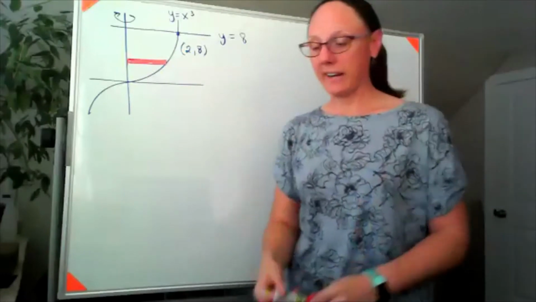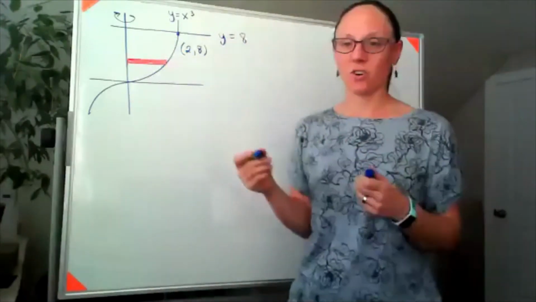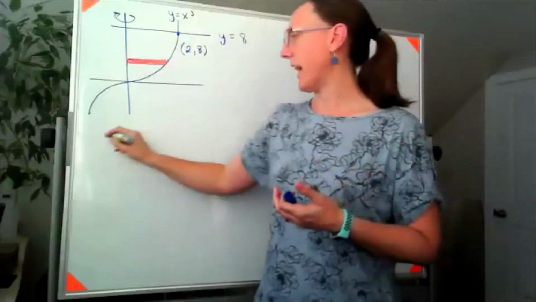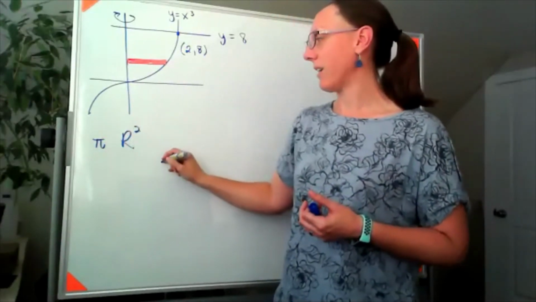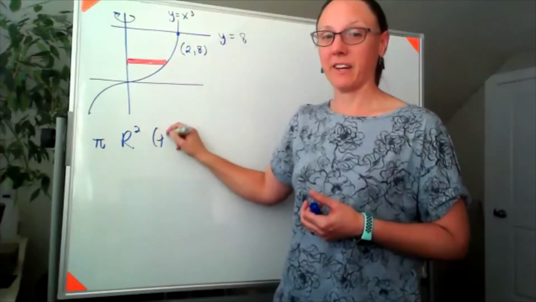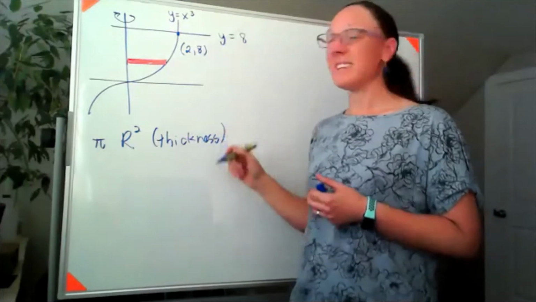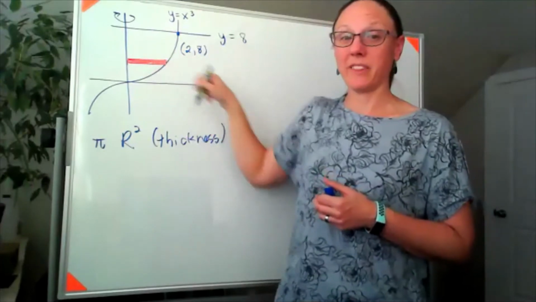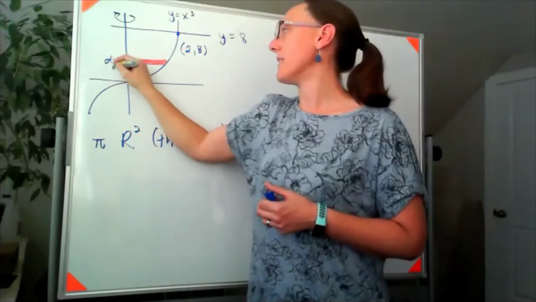That same kind of idea is going to apply when I spin this around in a circle. I'm still going to get pi times a radius squared times a little bit of thickness. The difference here is that my little bit of thickness on that rectangle is a little bit of dy.